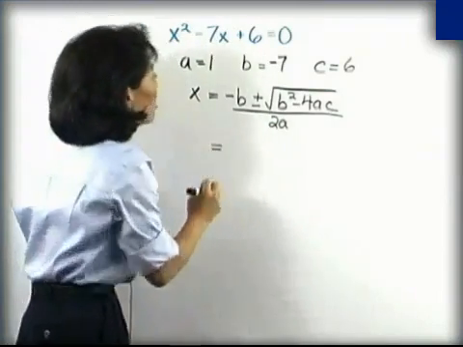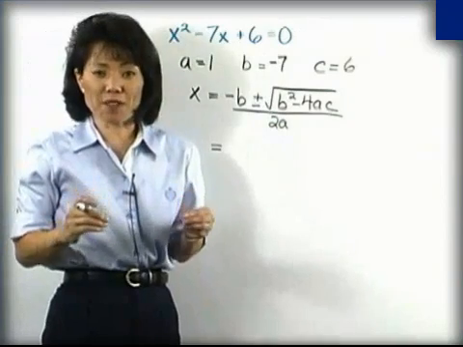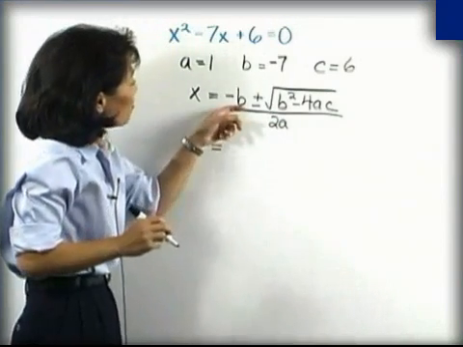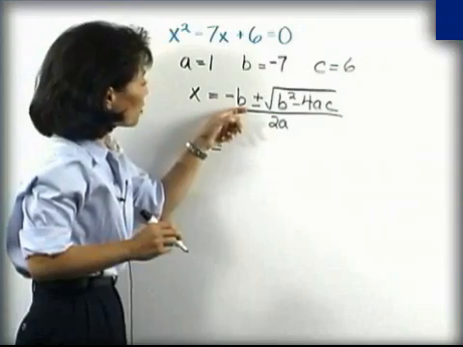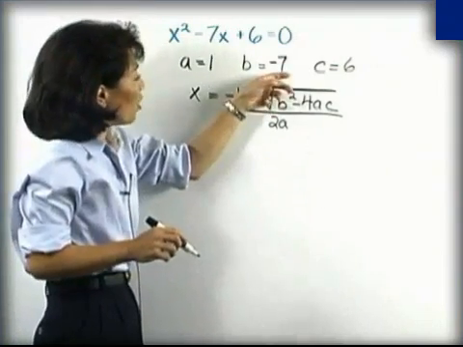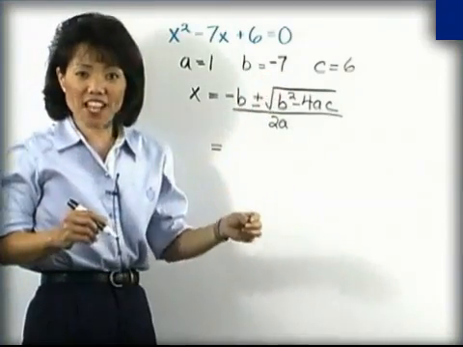Now that we have our formula written, let's go ahead and make the substitutions for the values of a, b, and c. Now be careful here, because notice in the quadratic formula we have -b. b in our problem is -7.